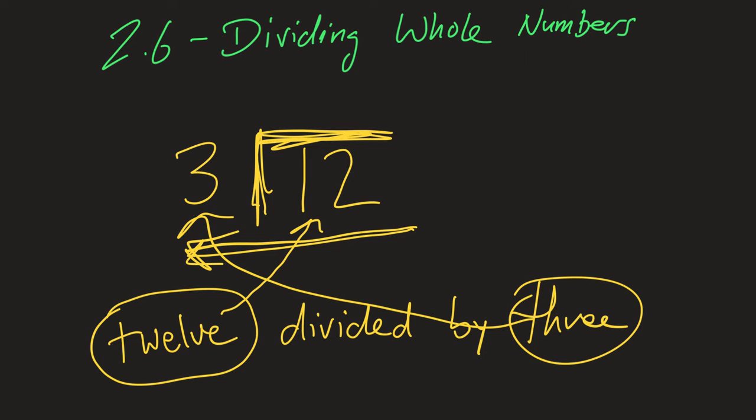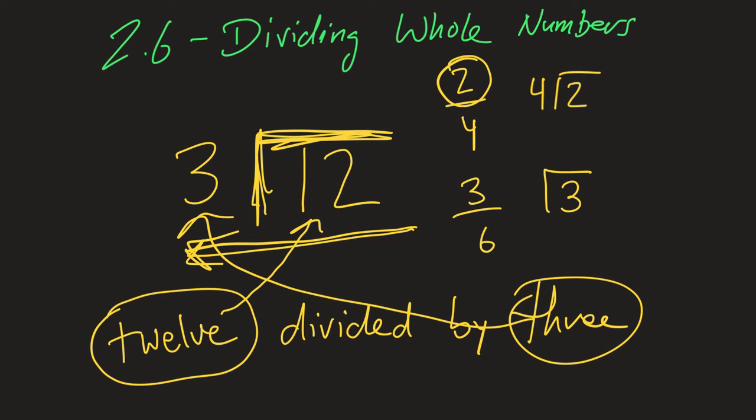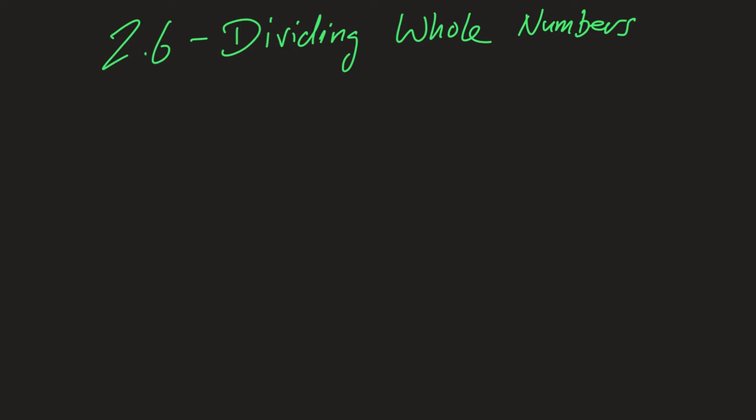If I say 2 divided by 4, the 2 is going to be inside the brackets here, and the 4 is on the outside. If I say 3 divided by 6, the 3 is in brackets, and the 6 is on the outside. That's just something that some students occasionally get a little confused about.